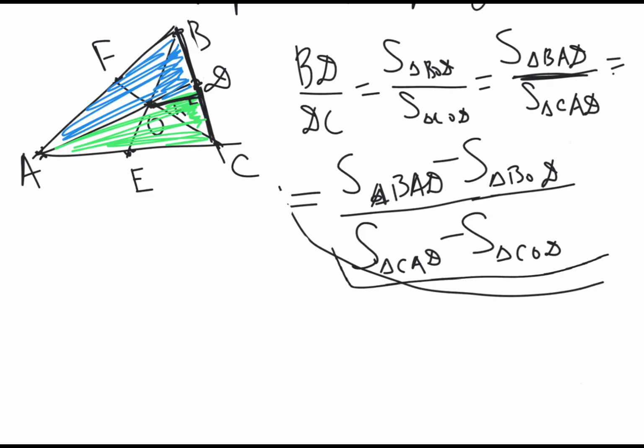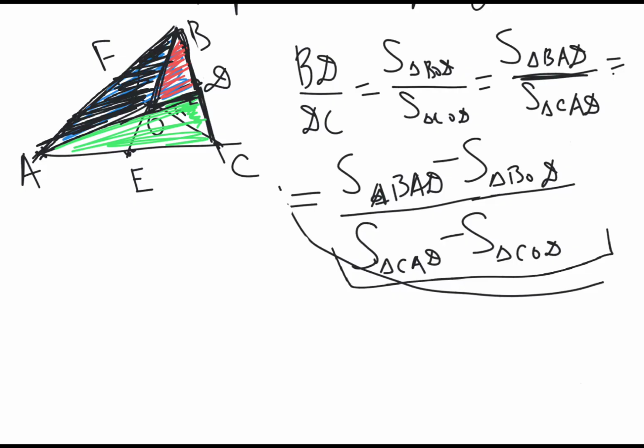Okay, so we get this, and now we look at the picture. What is BAD minus BOD? BAD, this triangle, minus BOD. The difference between them is exactly the triangle BAO, this triangle that I highlight in black.